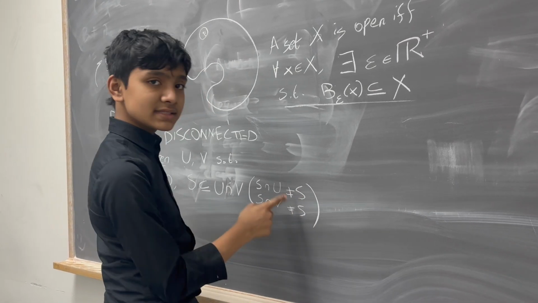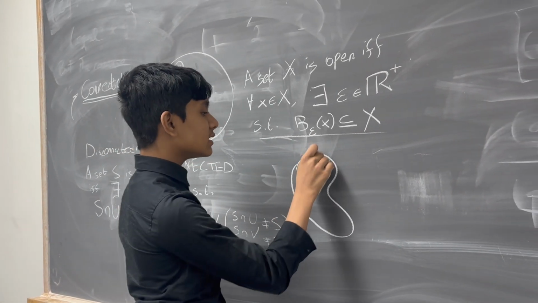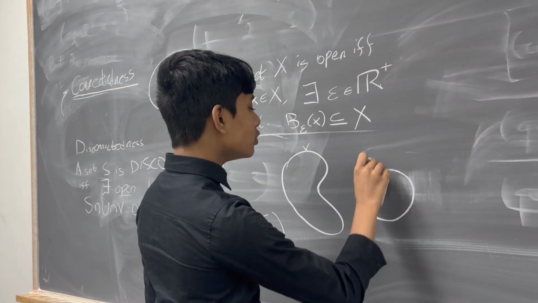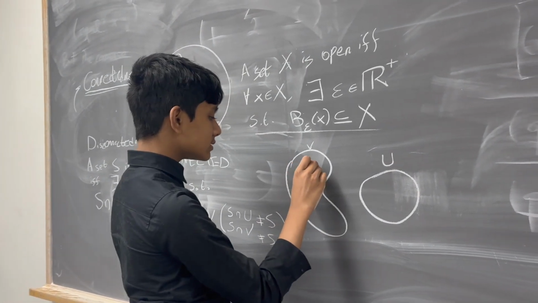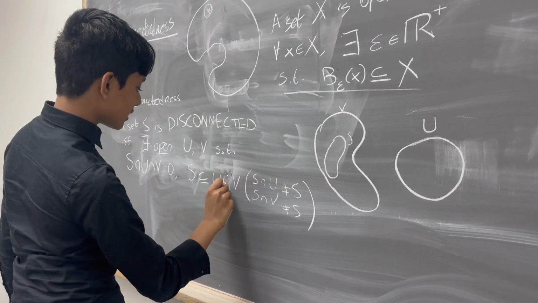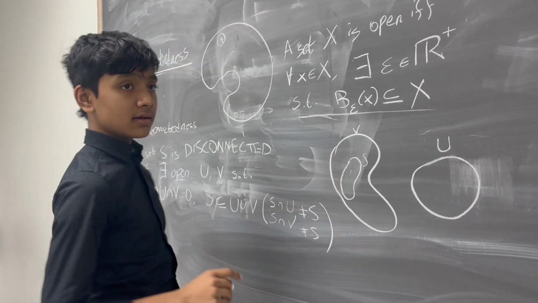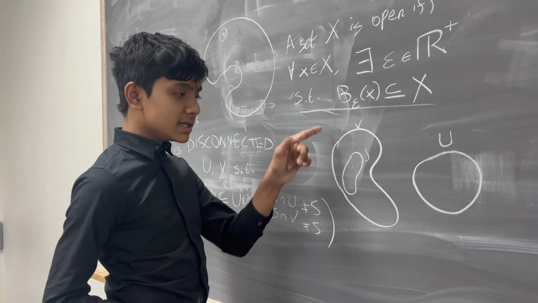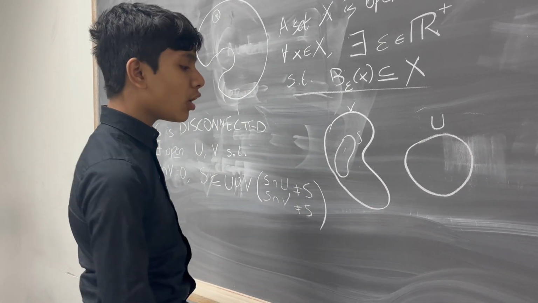You know why? This is a get out of jail free card, because if I have V and I have U over here, and I have a set S inside the union, and a set S totally inside V, as you can see, it's all connected, it's not disconnected at all.